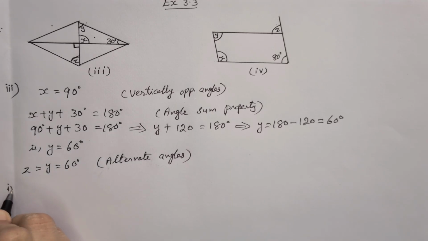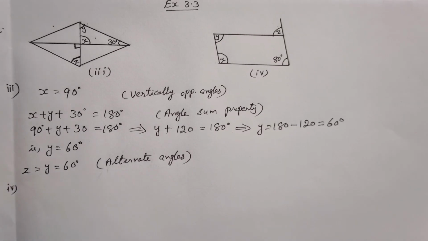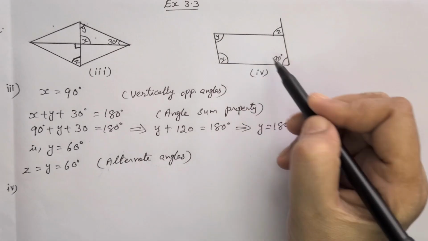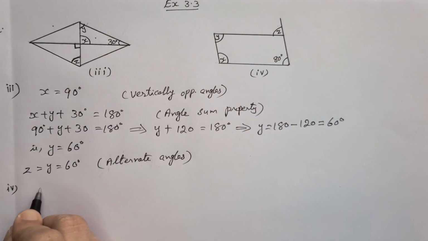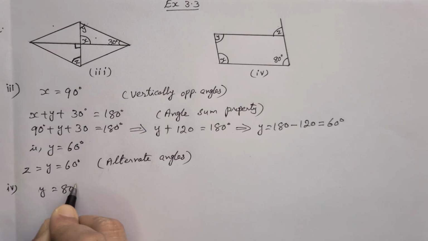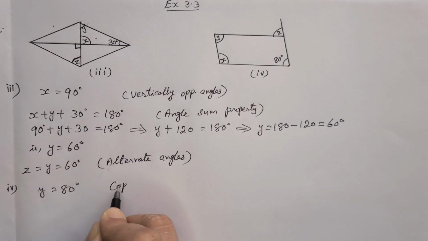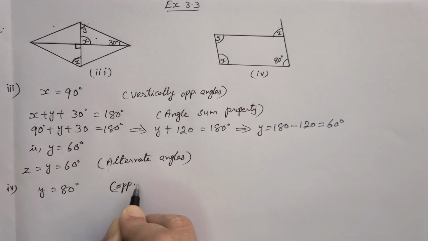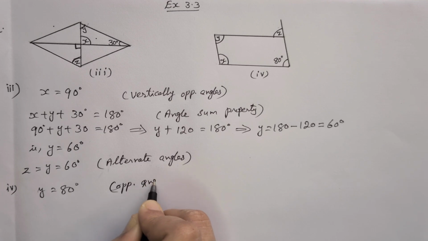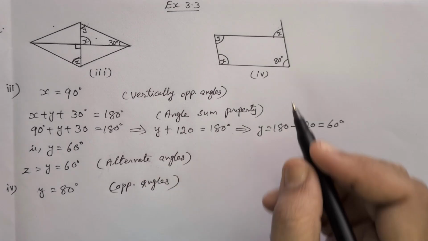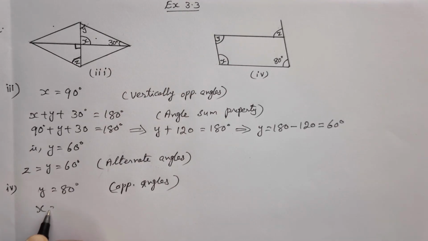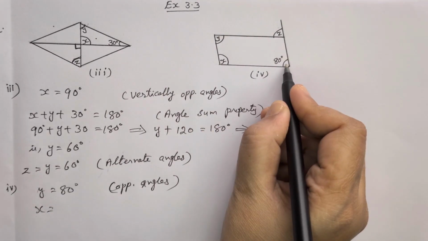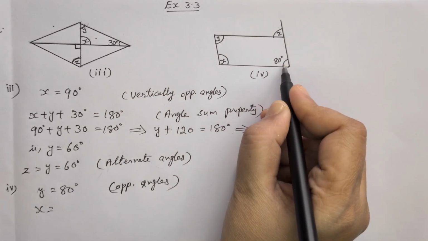Now fourth diagram, where we can see Y is equal to 80 degree, opposite angles. Then X. X and these two angles are adjacent angles.